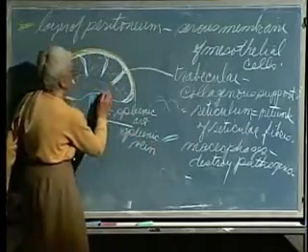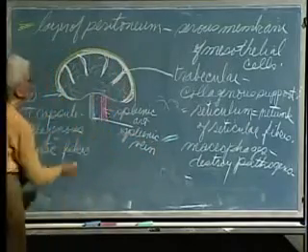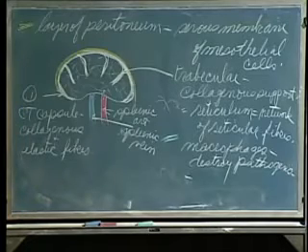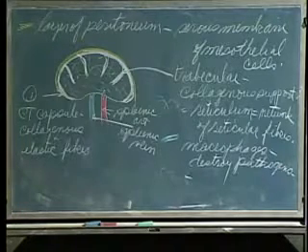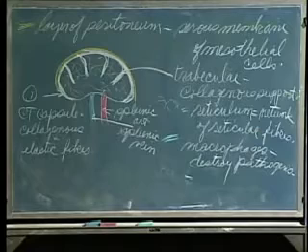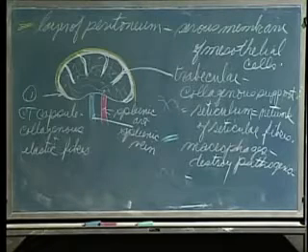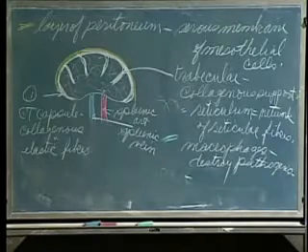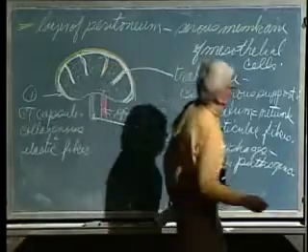So it can filter through this reticulum. But on the reticulum, we have what is called the white pulp and the red pulp.